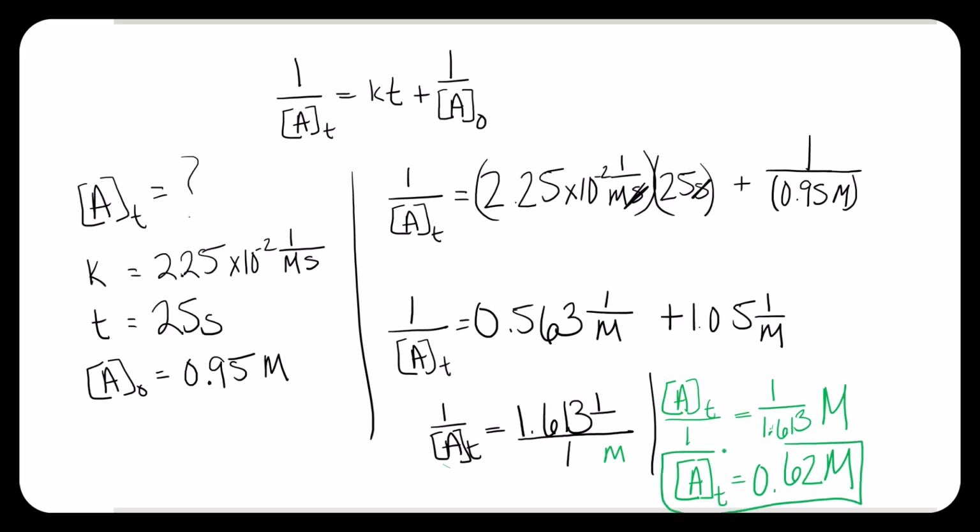And then lastly, we ask ourselves, does this make sense? So we started with 0.95 molar, we end with 0.6 molar. That goes down, and it's actually a pretty big jump. So even though it was only 25 seconds, that's a significant decrease, which is also indicative of a second order reaction. I hope you guys found this helpful.